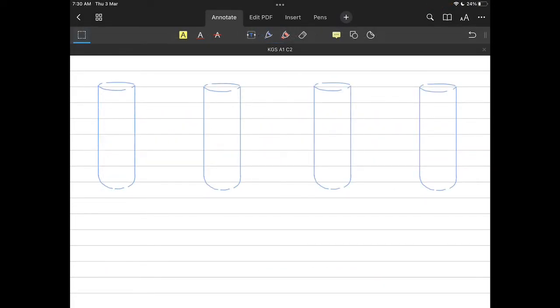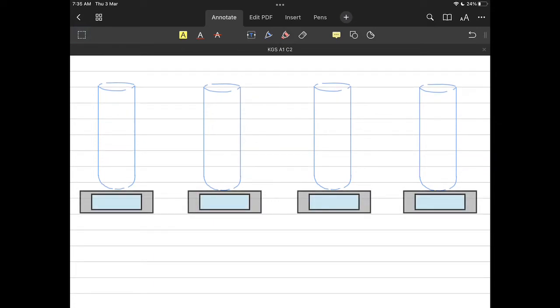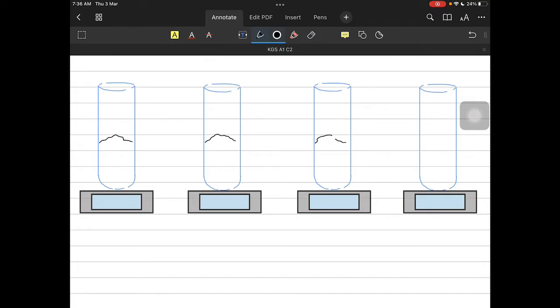Imagine you have 4 test tubes, and each test tube is placed onto a mass balance over here. Imagine you have the same amount of 4 different metal carbonates, so it's like 2.00 grams of 4 different metal carbonates.